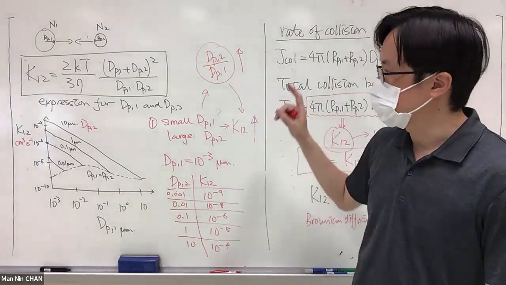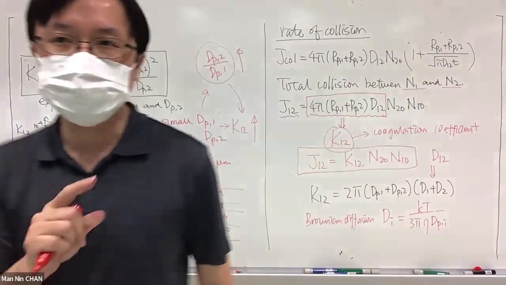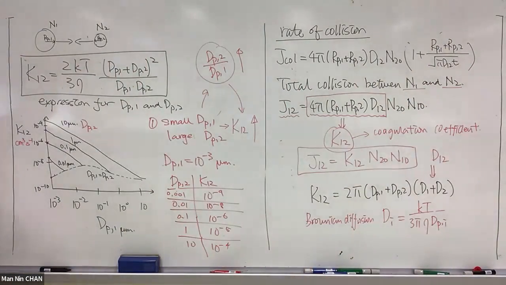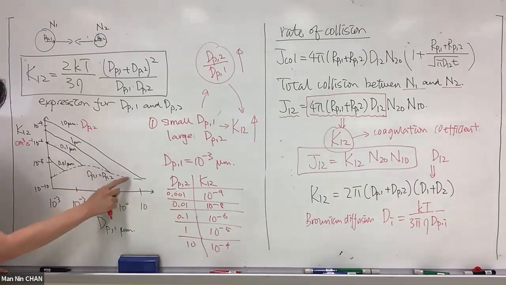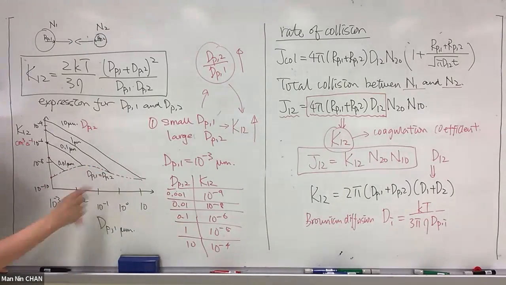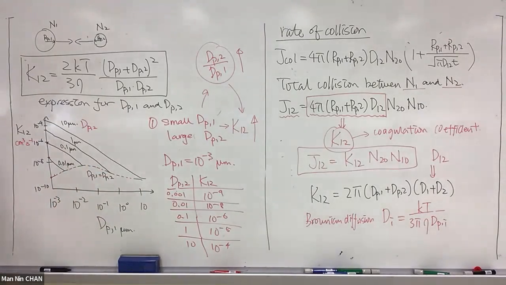Before we explain this, I also want to give you some observations from this graph. First, if you focus on the same size here, you can see you have a hump, and then you have a smaller value at both ends. What's the implication?